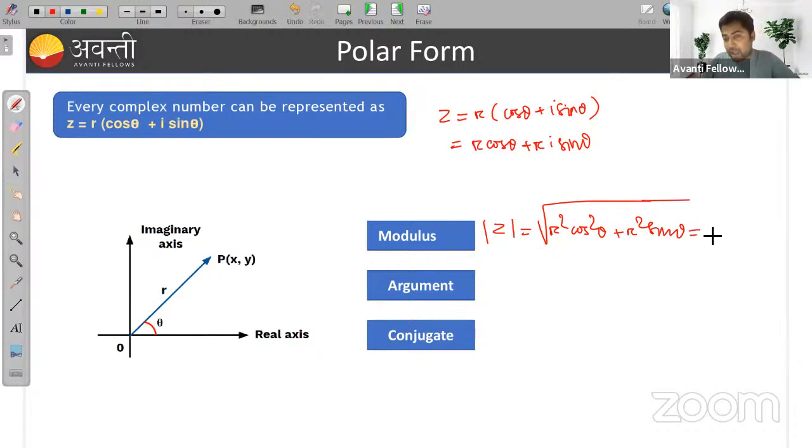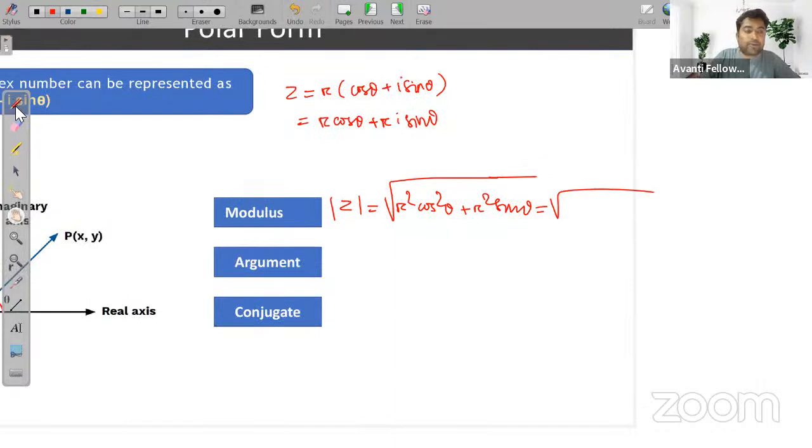If you take r square as common, it will be r square into cos square theta plus sin square theta. So this becomes the square root of r square, because cos square theta plus sin square theta is 1, and the square root of r square is r.